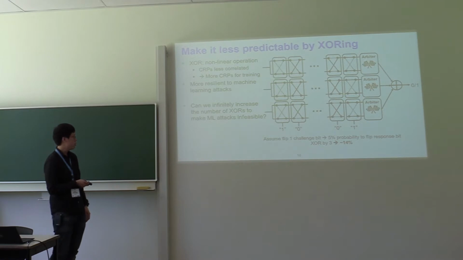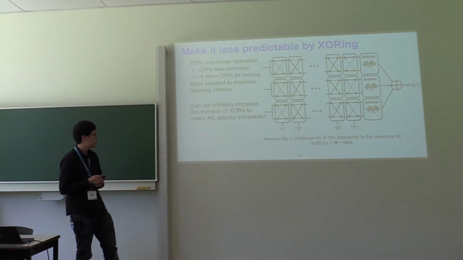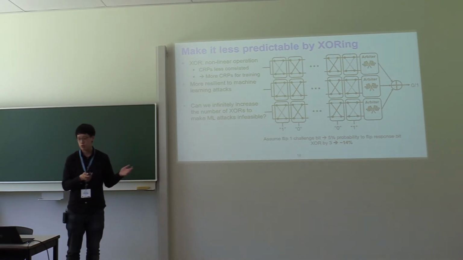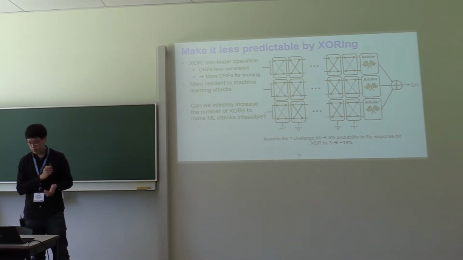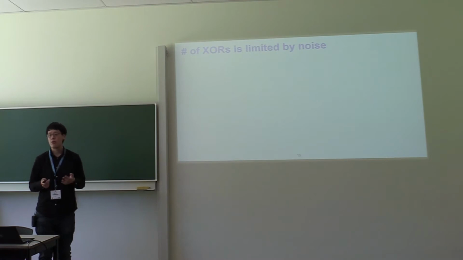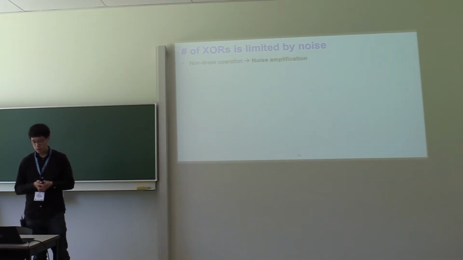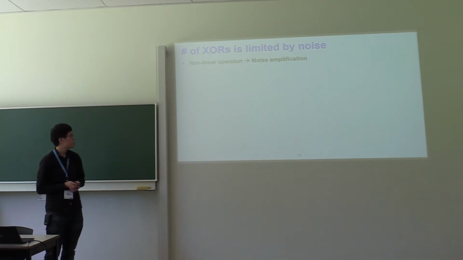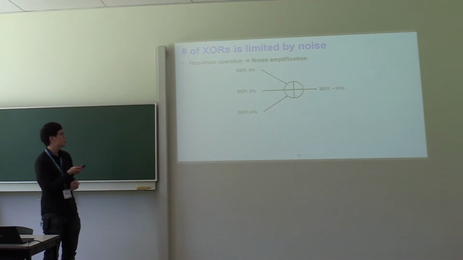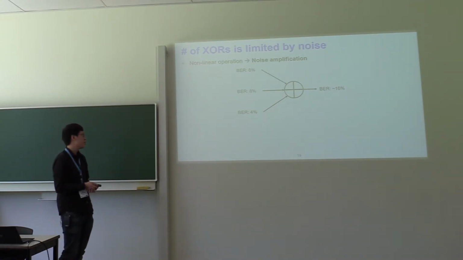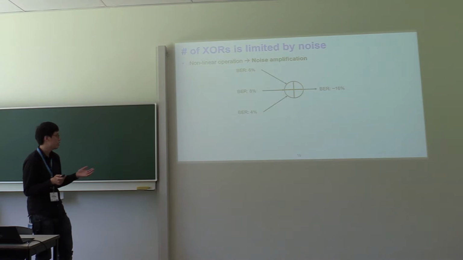But then the question comes: can we just infinitely increase the number of XORs, then make machine learning attacks not feasible? The answer is no, because the number of XORs we can put there is limited by noise, because the XOR operation results in noise amplification. Assume we have some inputs with different bit error rates, like 6% and 8%.